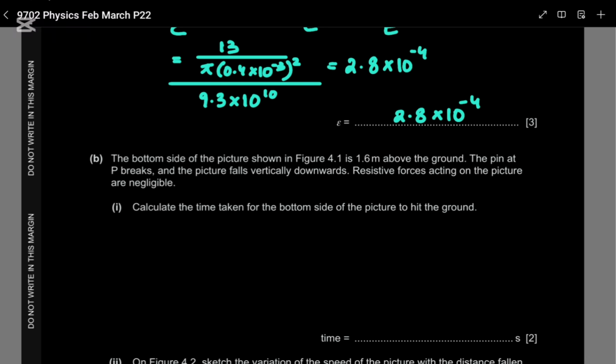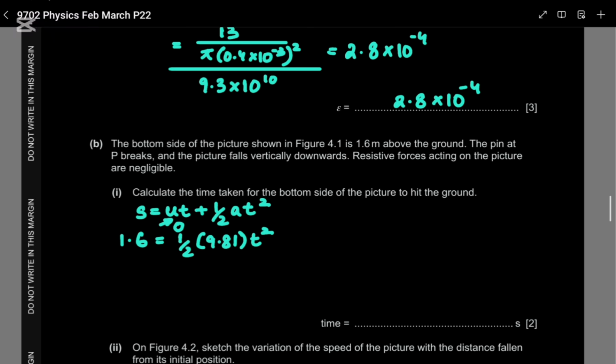Alright, so over here we are going to use s = ut + (1/2)at². Okay, s is going to be 1.6 meters, and this part over here is just going to be 0, because initial velocity is going to be 0, equal to half into 9.81 t squared.